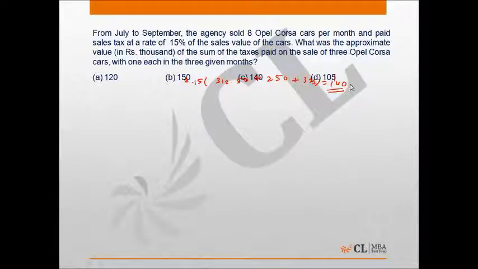So the required tax paid was rupees 140 in 1000. This was the total amount of required tax paid for the Opel Corsa cars over the given period. Hence, option C is the correct answer.